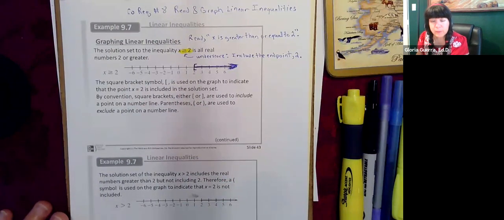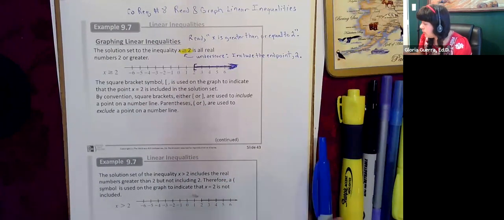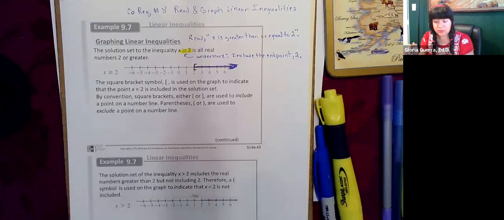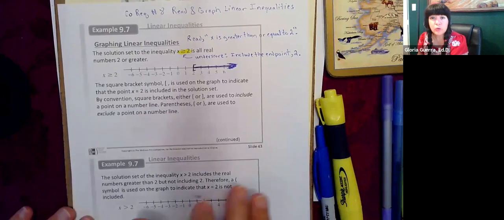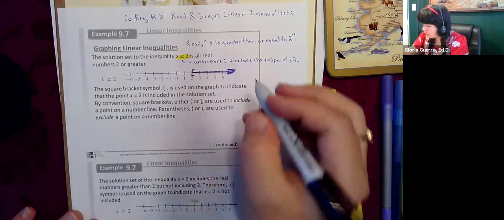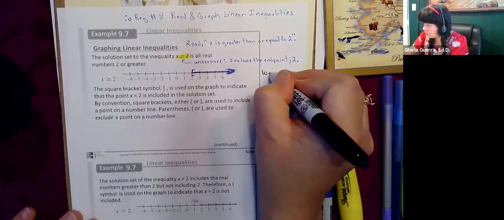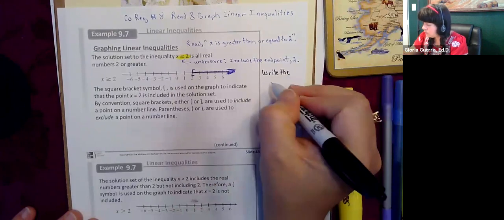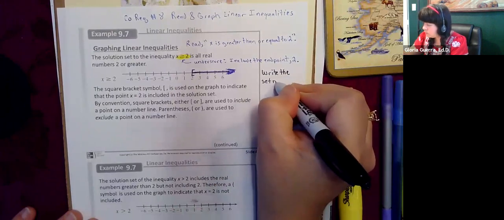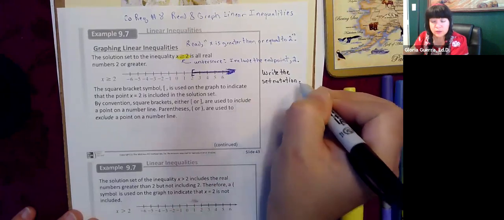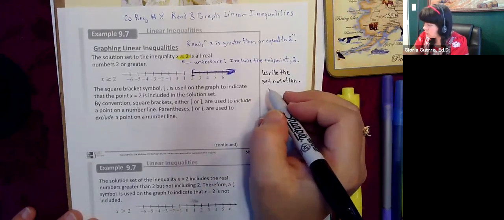Now, in this exercise, they're talking about writing set notations. That's going to come up on one of our pages. So I'm going to go ahead and also do something extra. I'm going to write the set notation for this. Okay, so this would be the set notation for that.